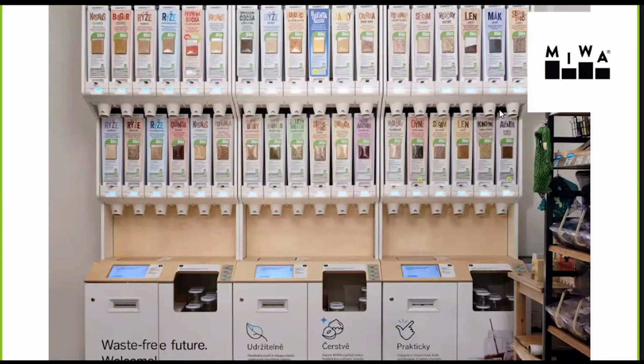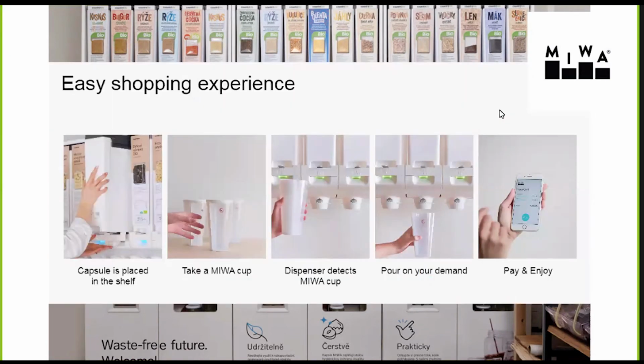Another example is this Miwa company, which is, I believe, in Eastern Europe. And this is a different modular system for grocery stores. It's a bulk system, but it's optimized in a lot of different ways. So these capsules are washable, and once they're empty, they get sent back to the distribution center to be washed and refilled.